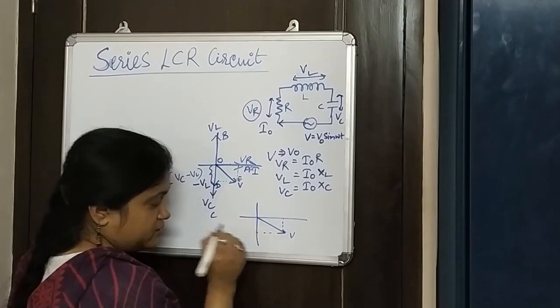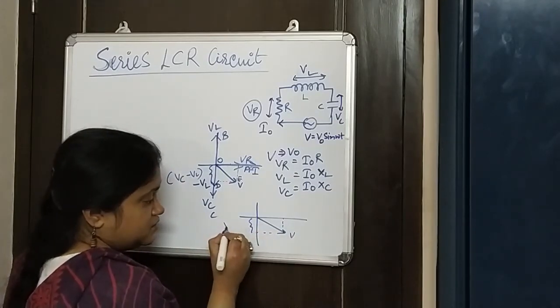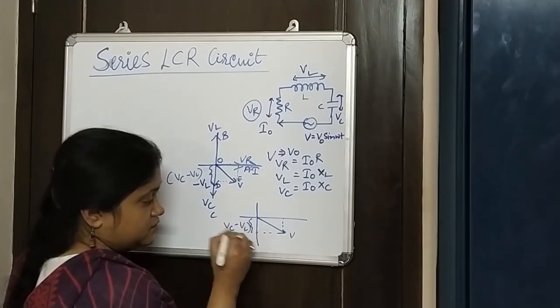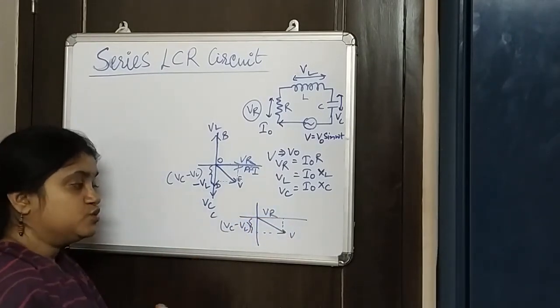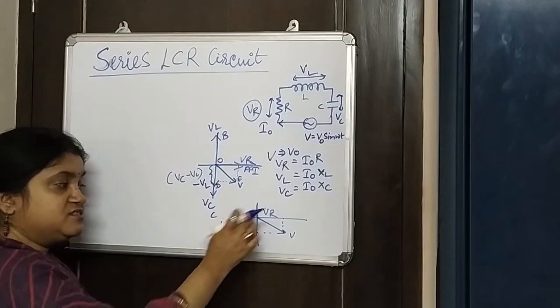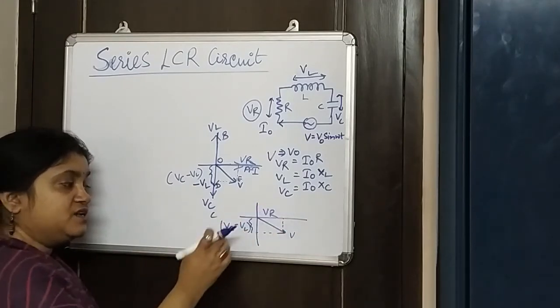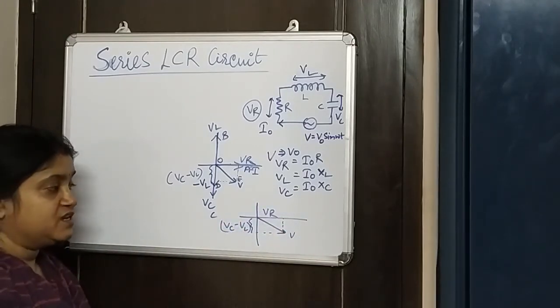So this part we call VC minus VL, and this part is VR, right? So V is the resultant of VR and VC minus VL.